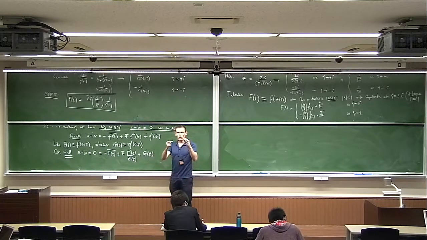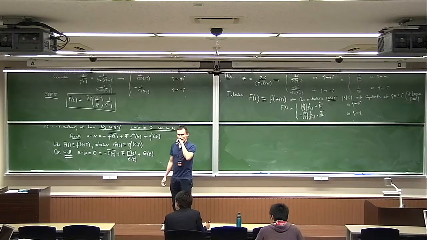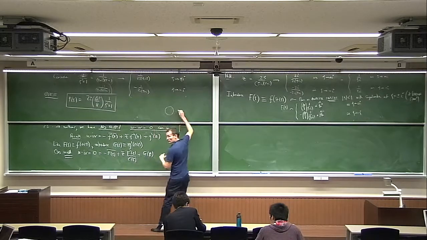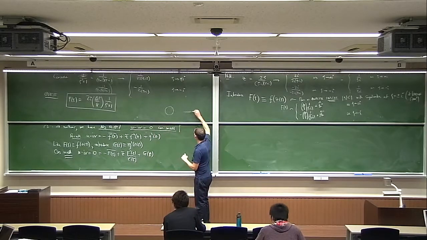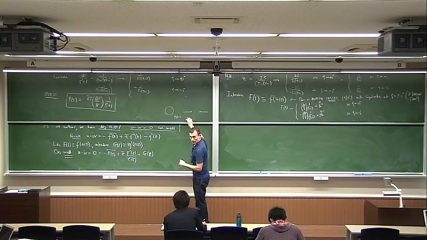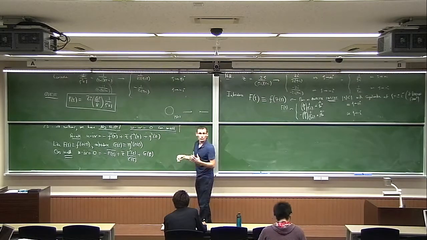What does the wall correspond to now in my zeta domain? I've rubbed it off, haven't I? But it was the unit disk. Right? The unit disk maps to the walls. That's the whole point of the conformal mapping.